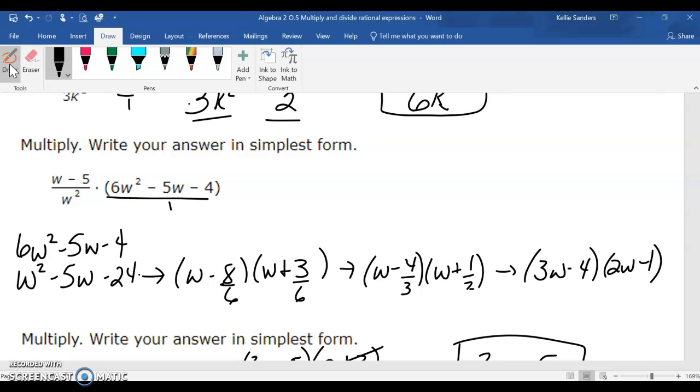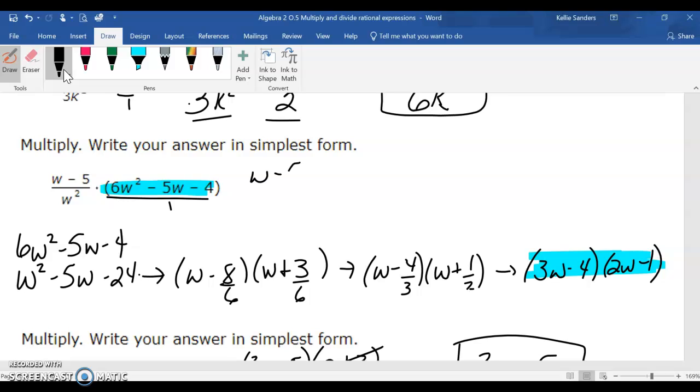Okay, now here's the thing. If I replaced this with this because it's the exact same thing, don't write this down because it's not really necessary, but let me show you what's happening.